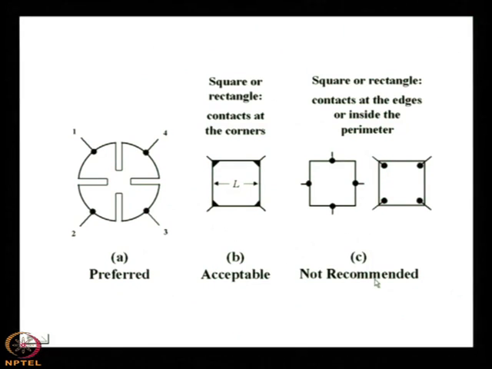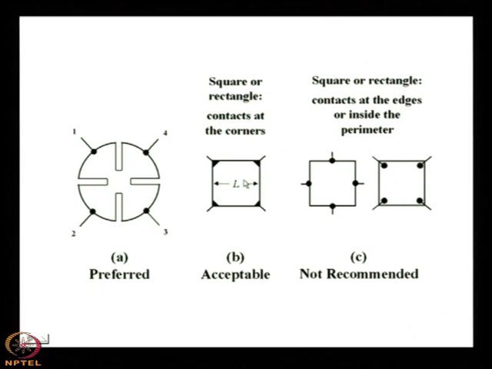This is to minimize the current path and the contact resistance, so this kind of circular shaped or square or rectangle shaped sample is acceptable. The dots are the ohmic contacts through which the current or voltage will be measured. You see that this is 1, this is 2, this is 3 and this is 4, numbered in the counterclockwise direction.